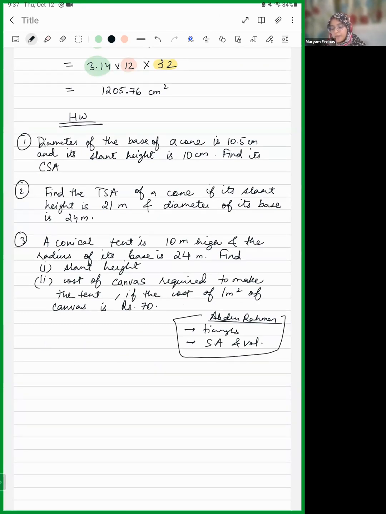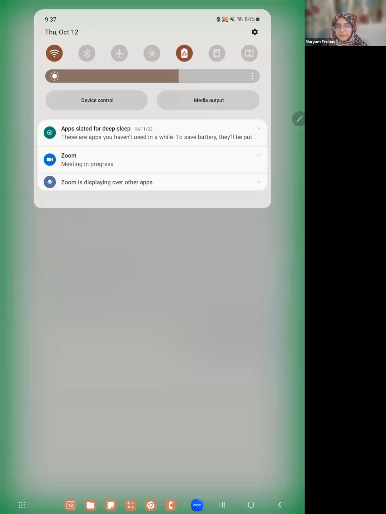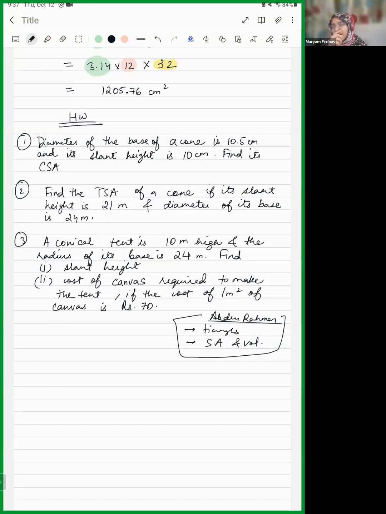And what formula did you apply to find the TSA, total surface area? S is equal to pi RL plus pi R square, then simplify the same formula. Very good.